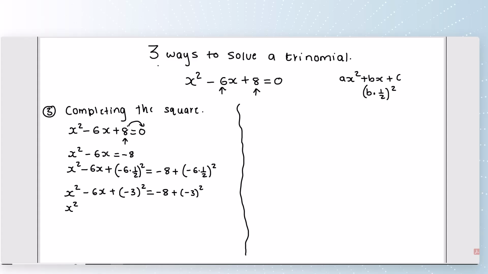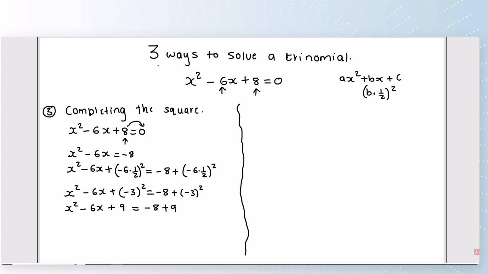x squared minus 6x plus negative 3 squared is 9 equals to minus 8 plus 9. Okay. Then we are going to factorize the left hand side. Listen to this.